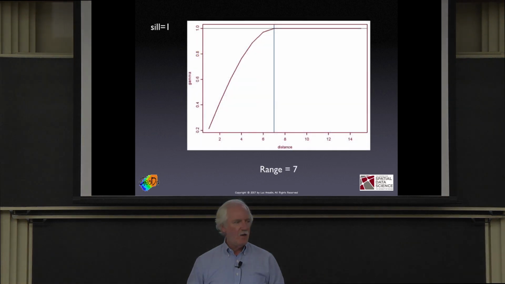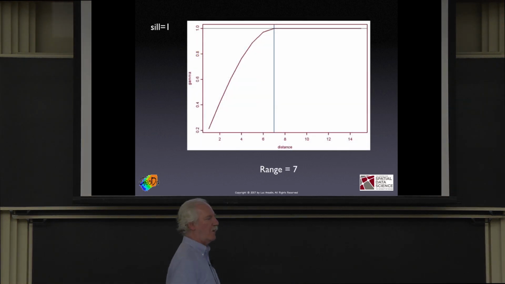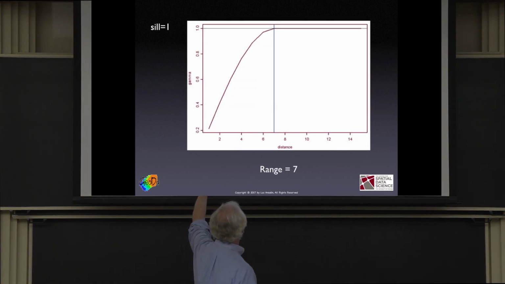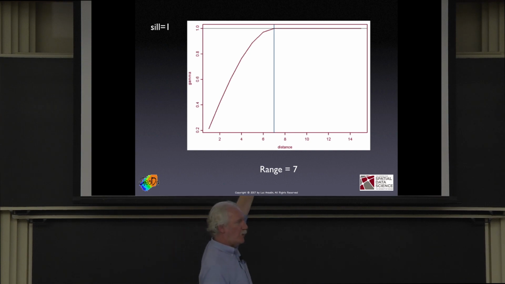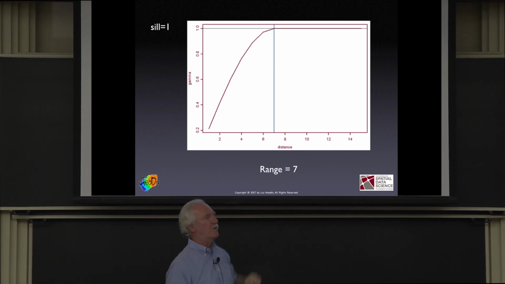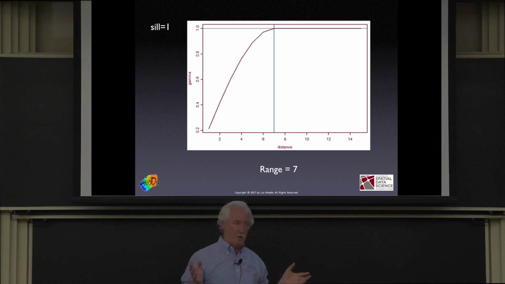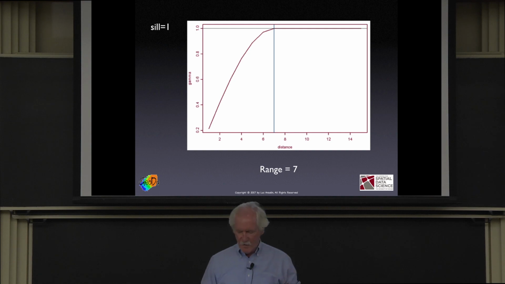So the ideal theoretical variogram looks something like this. You see a slow, continuous increase of the dissimilarity with increasing distance up to a point, the range, and then it's flat, right? Of course, you saw empirical variograms, they don't look anything like this, right? So then there are a number of models.